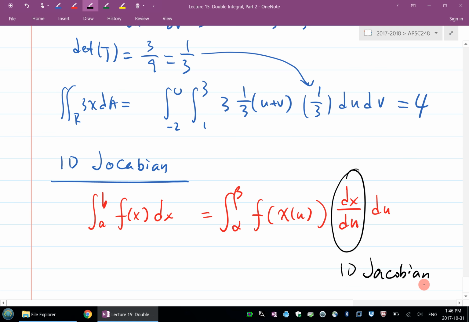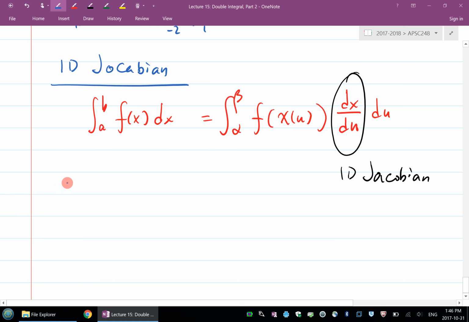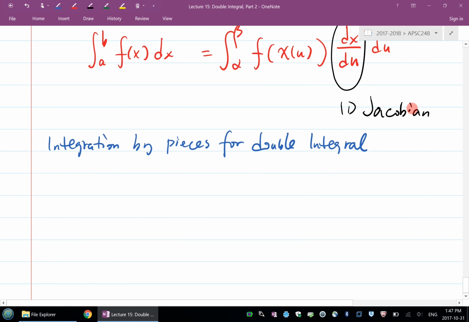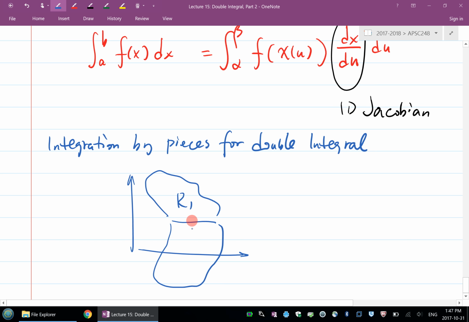Okay. So I have a few minutes just to help with one of the assignment questions. I just want to touch upon this one loose end: integration by pieces for double integral. This is the property I'm referring to. Let's say I have a region R, which is R1 plus R2.